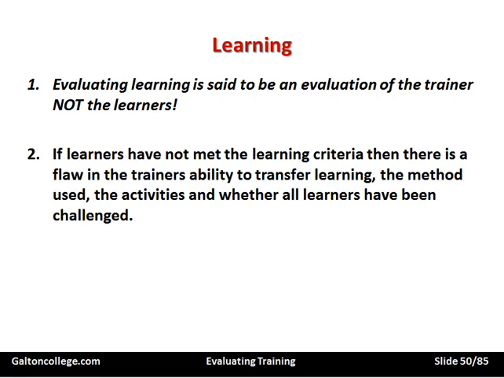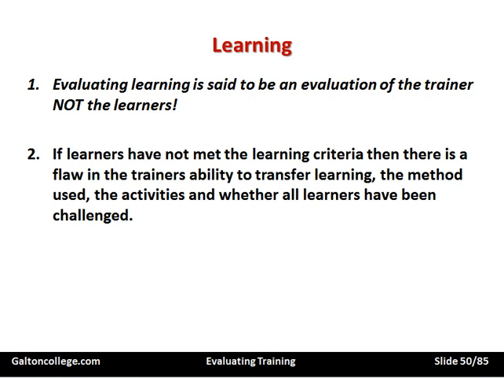If learners have not met the learning criteria, then there is a flaw in the trainer's ability to transfer learning. This is the contention. The methods used may be seen as bad, the activities and whether all learners have been challenged. So it's blaming the trainer if the learning objectives have not been met.